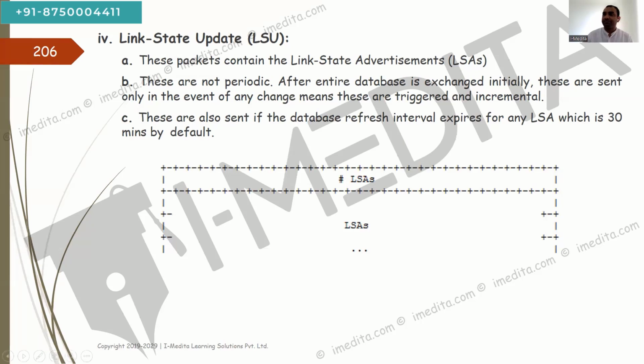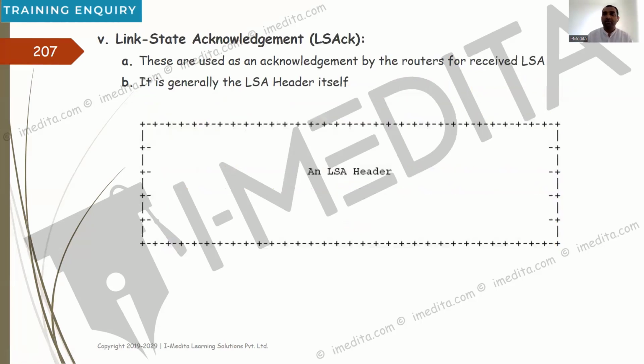Then we have the link state acknowledgement. Remember, whenever a router receives the link state update messages, because link state update messages are very critical and very important for OSPF, OSPF will always send an acknowledgement back to the sender that, hey, you sent me a link state update and I got it.